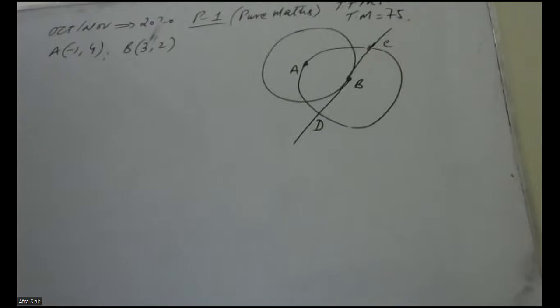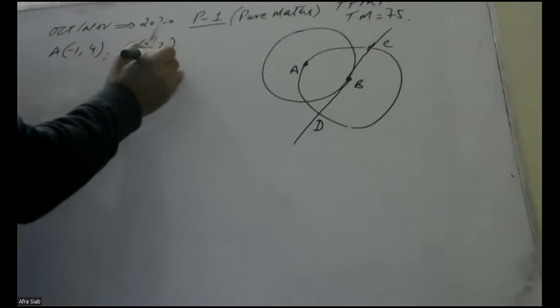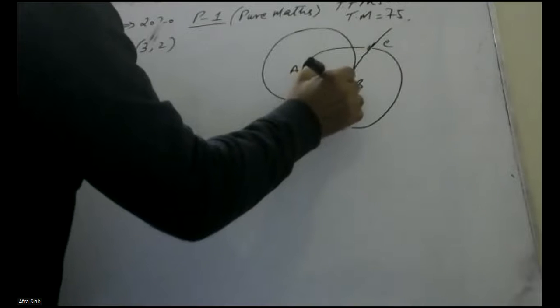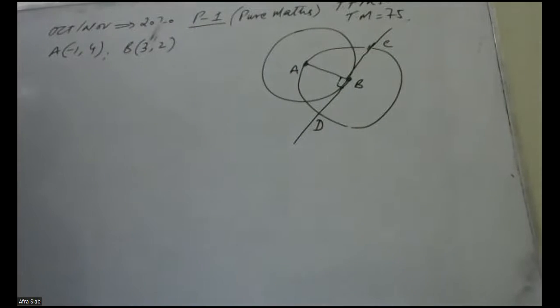We know that A is (-1, 4) and B is (3, 2). And if we draw this line, then it is tangent to this circle.